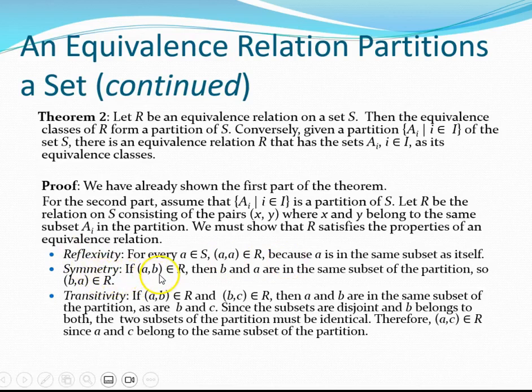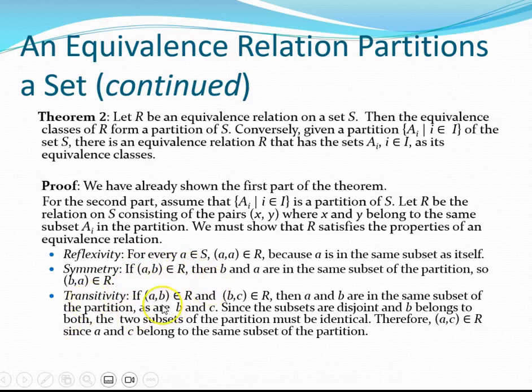Symmetry. If a, b is in R, then a and b are in the same subset of the partition, so both pairs, a, b and b, a, by definition belong to R.